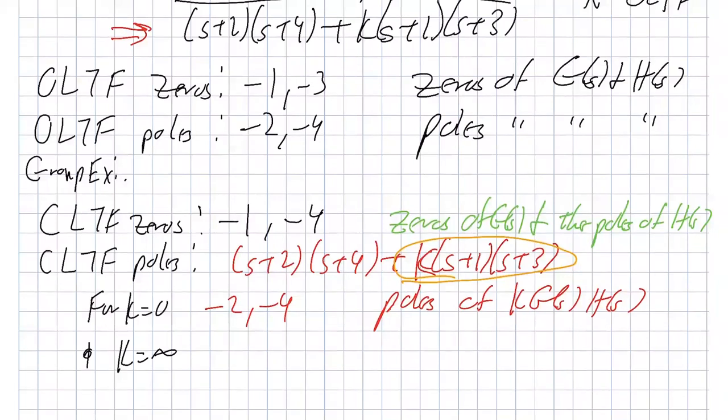So our poles now are at -1 and -3. Those are simply the zeros of k G of s H of s, the zeros of the open loop system.